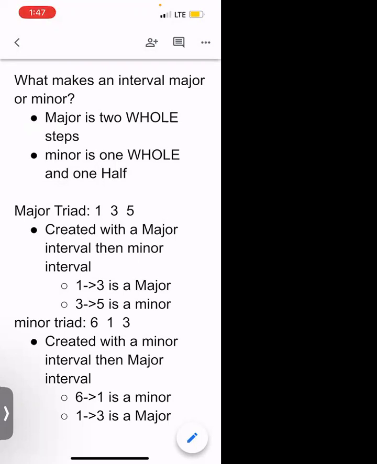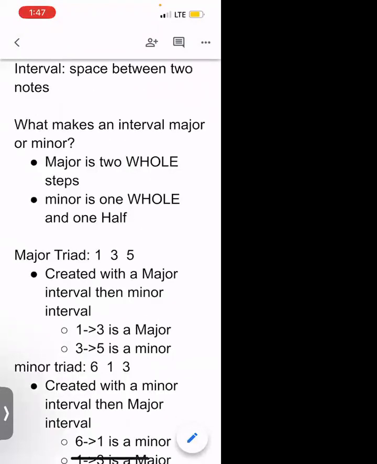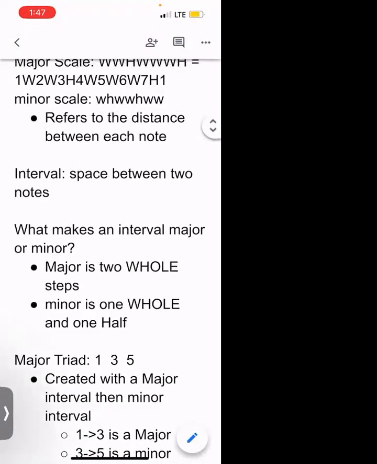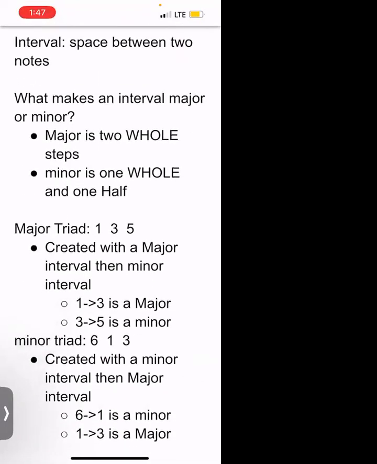In our case, that is always going to be a major triad or a major chord. Sometimes you'll also hear the director say minor 6 or 2 minor, 3 minor. Those are all examples of minor triads. Going off of our terminology so far, a major chord is created with a major interval, followed by a minor interval.